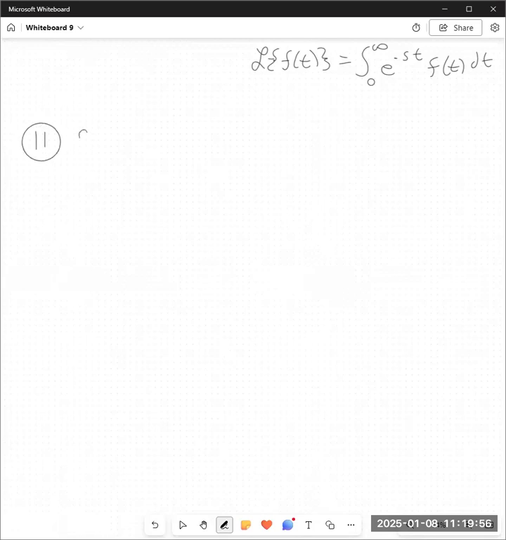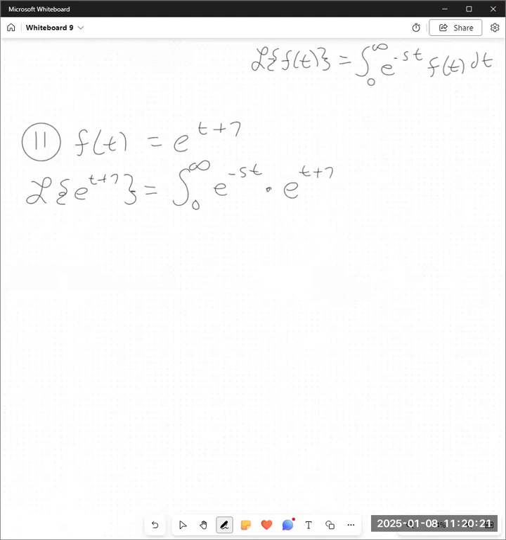Our f of t is going to be equal to e to the t plus 7. So the Laplace transform of e to the t plus 7 is going to be equal to the integral from 0 to infinity of e to the negative st times e to the t plus 7 dt.